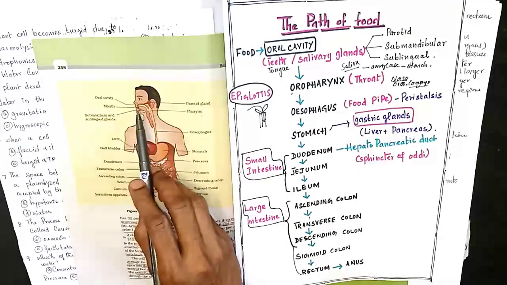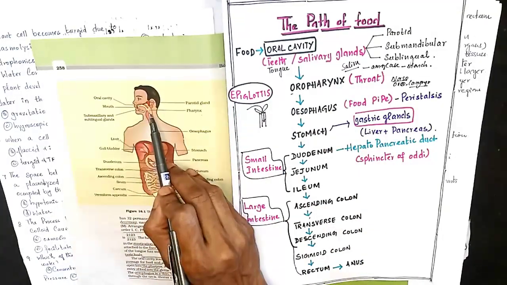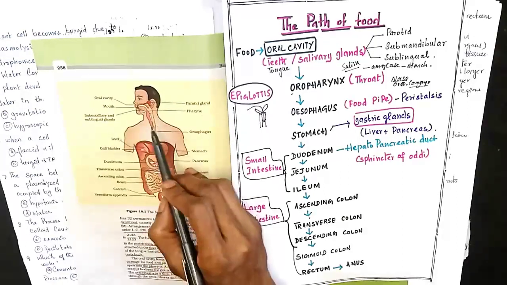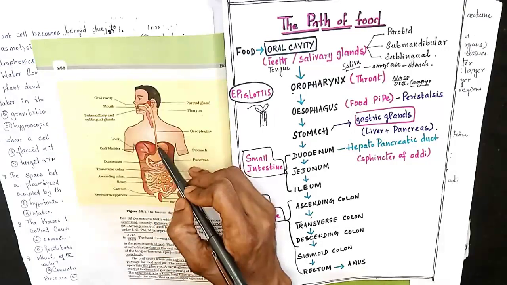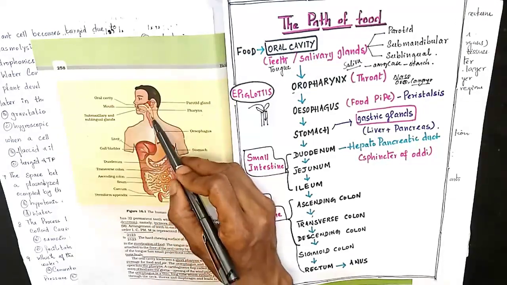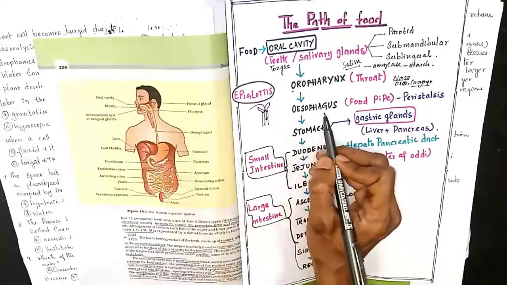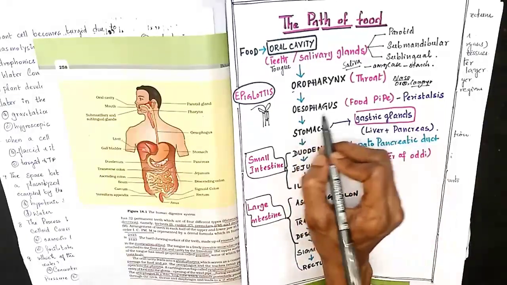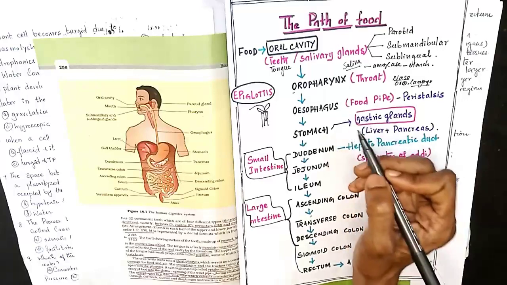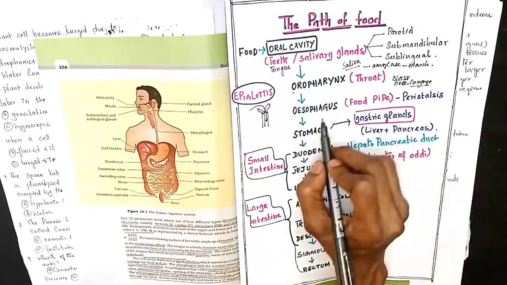So food enters the oral cavity or buccal cavity, reaches the oropharynx or the throat area, then it enters the esophagus, the long muscular tube. This is the esophagus. Esophagus is also called the food pipe. Related to esophagus you have two important questions.